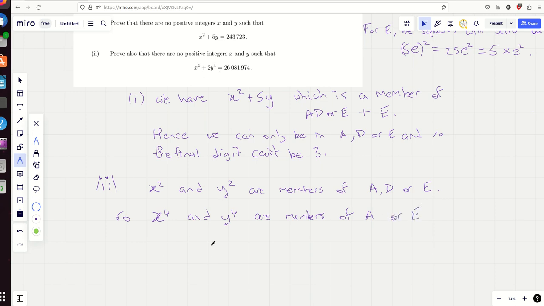Now we've just got to consider the 2y to the 4. If you've got 2y to the 4 for A or E, then you've got 2 times 5a minus 4, which equals 10a minus 8, but let's write it as 5 times 2a, and then I'm going to get a minus 1 minus 3.